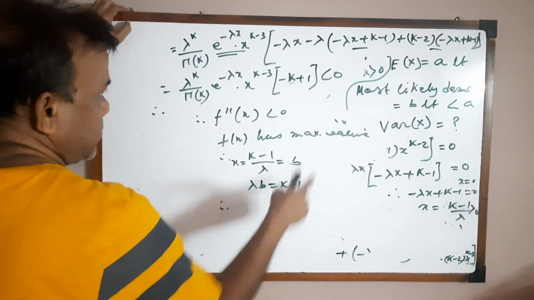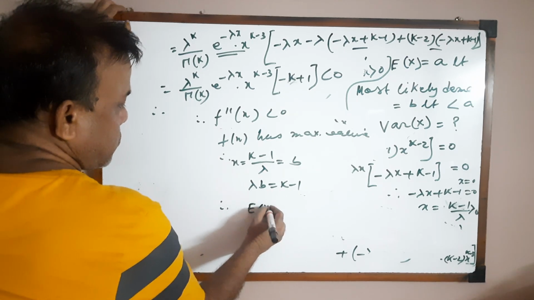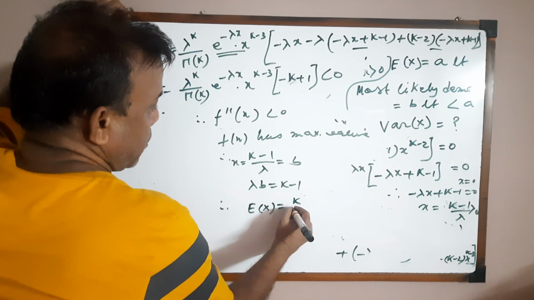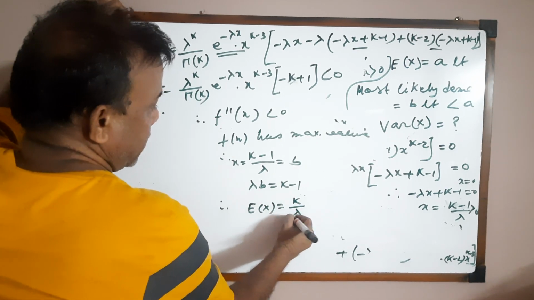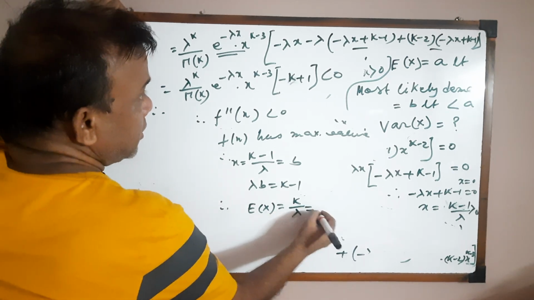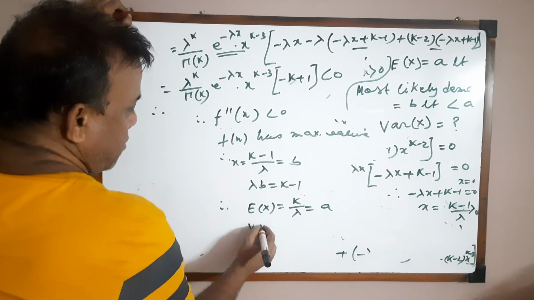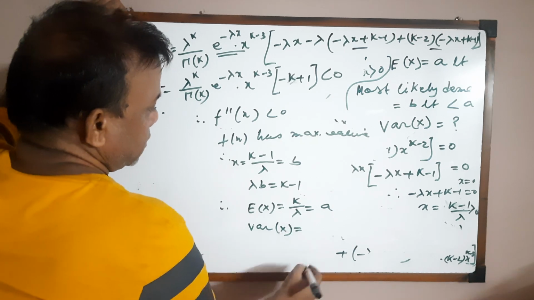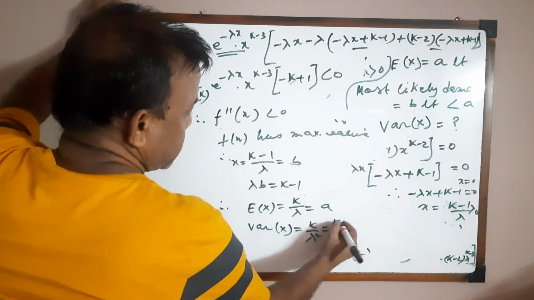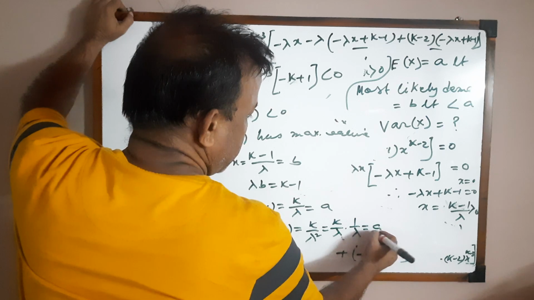As we know, the mean of Erlang distribution is k by lambda, which is equal to a, and the variance is equal to k by lambda square. That means k by lambda into 1 by lambda, that means a by lambda.